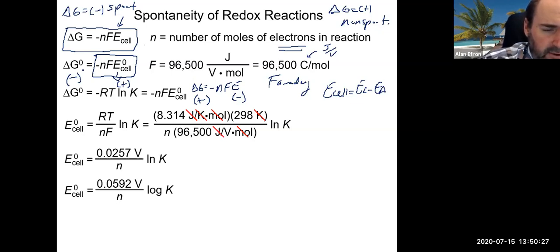The important part also is n. n is the total number of electrons that are transferred. So what I mean by that is, in a redox reaction, you have an oxidation, or in this case, the anode reaction, which is going to lose a certain amount of electrons. So let's just say that the anode reaction loses 4 electrons.